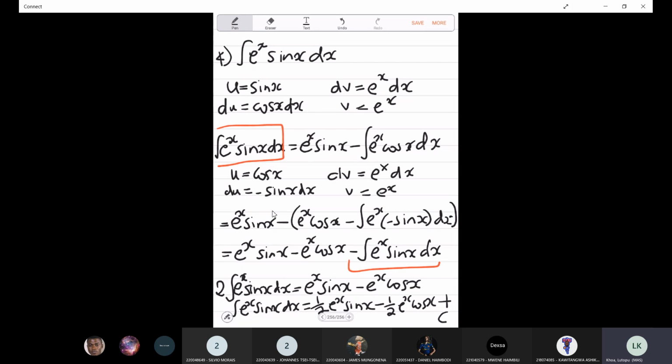Usually they involve e to the power of x and sine x because their integrals never end. Unlike x to the power of something, eventually you'll get x to the power of 0 and there's no x anymore. But e to the power of x, you can keep integrating however many times, it'll never disappear. Okay, so that's that one.